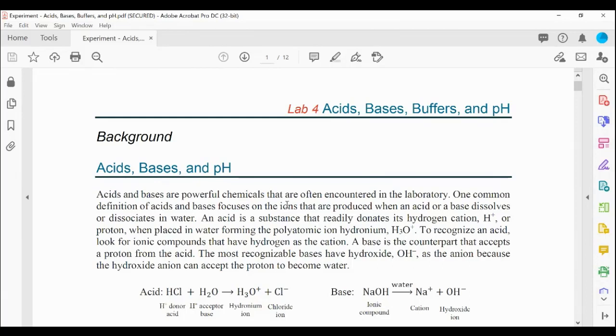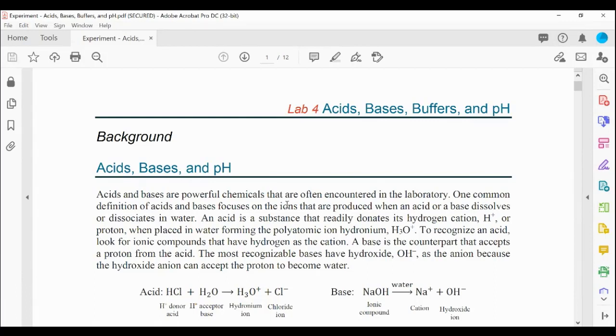Because of the bitterness, they are less common in food. However, coffee and dark chocolate have bitter flavors, and many people enjoy the bitterness. And if you are in the presence of a base, bases turn red litmus paper blue.